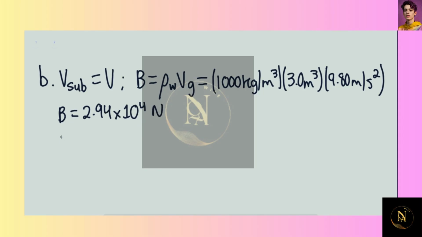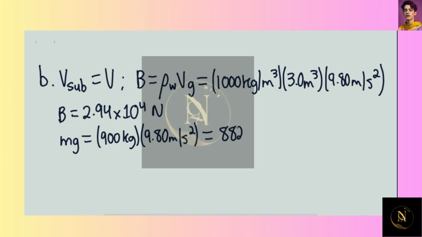Now, the weight of the car, mg, would be simply equal to 900 kilograms multiplied by 9.80 meters per second squared, and this is giving us 8,820 newtons.